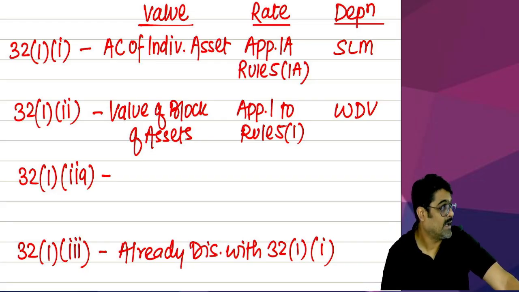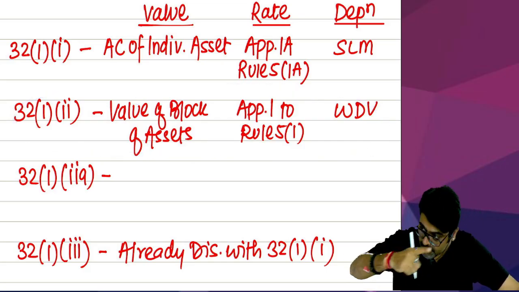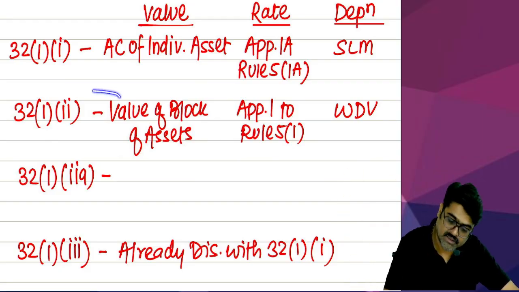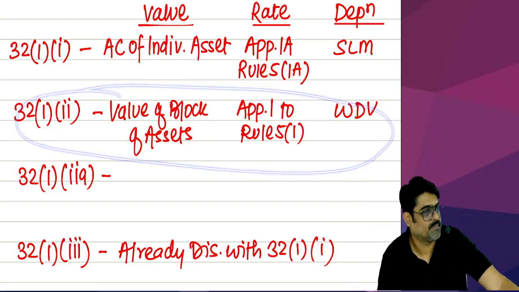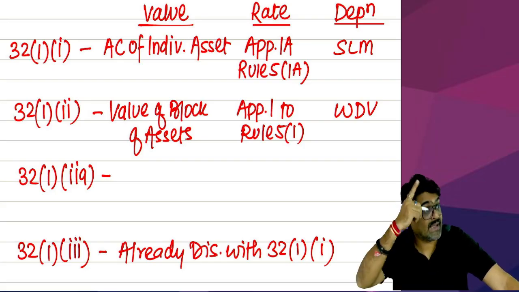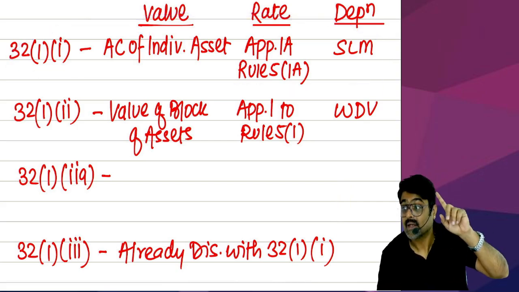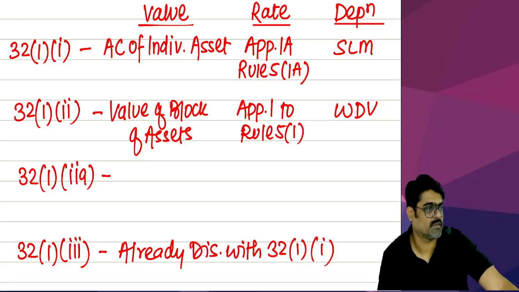So the year in which the assessee has started his power business, in that first year itself, he has to choose this option. Then for the first year and in every subsequent year, he can claim the depreciation as per this method. But if he fails to opt for depreciation on block of assets, WDV basis, in the first year, then from the first year and every subsequent year, his depreciation will be on SLM basis on actual cost of individual assets.